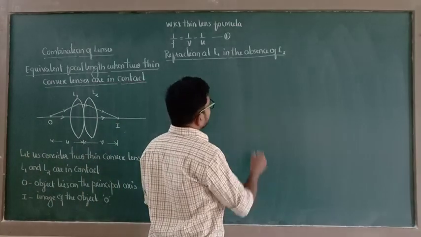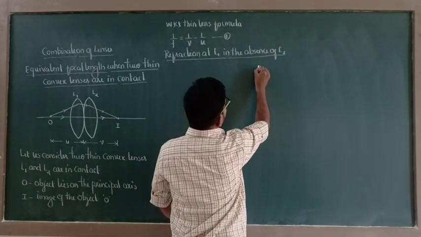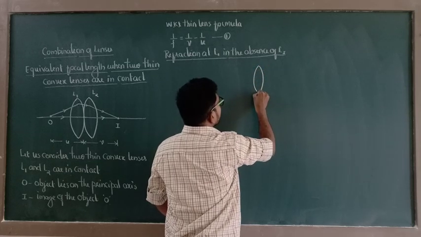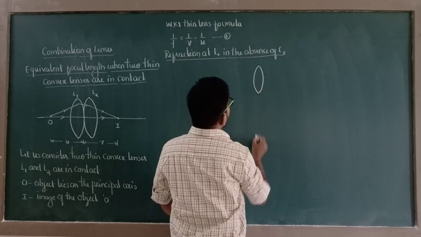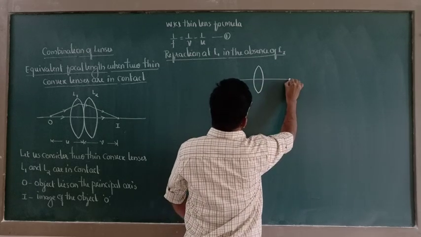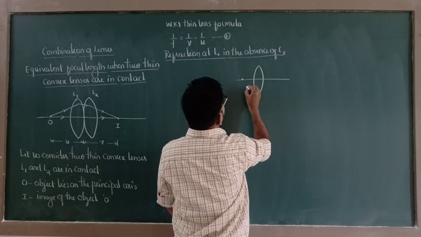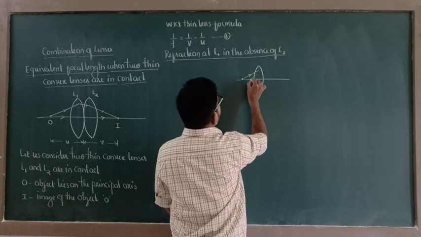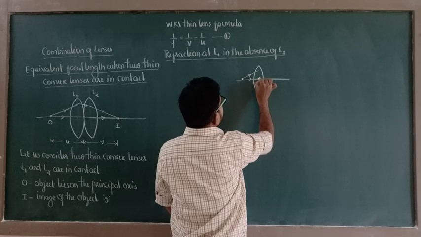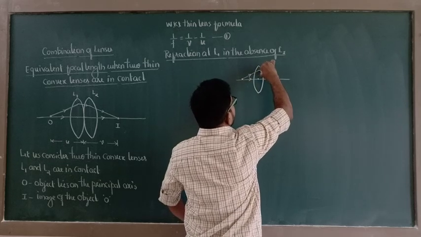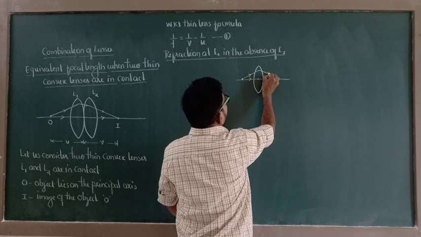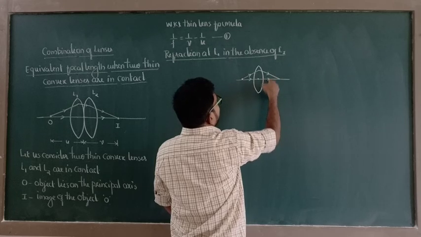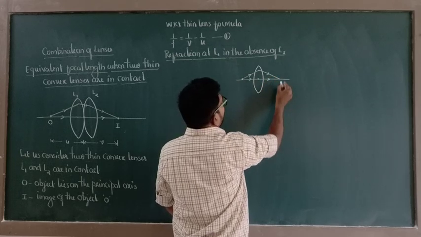Refraction at L1. Convex lens L1, principal axis, point object, incident light ray, direction of incident light ray, another incident light ray through optical center, and finally this incident light ray meets the principal axis at some point, and these two refracted light rays are going to meet at this point.